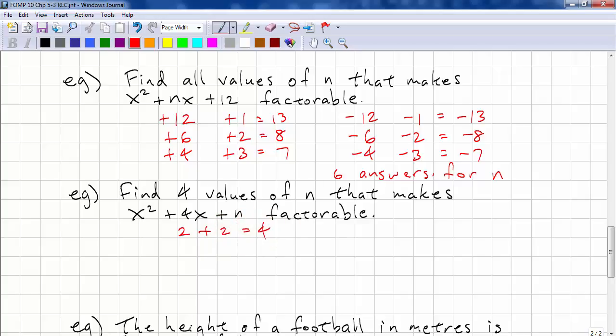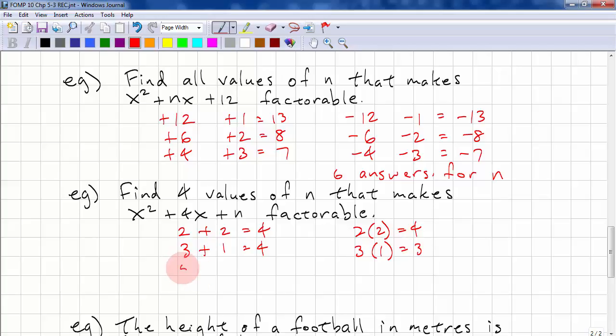That's 4. So 2 times 2 is 4. So we're doing the sum first and the product second. And we're doing the product just to check that. We can do 3 and 1. That's also 4. So 3 times 1 is 3.